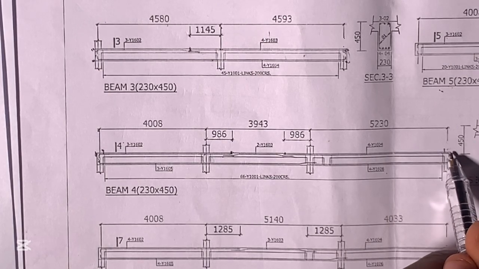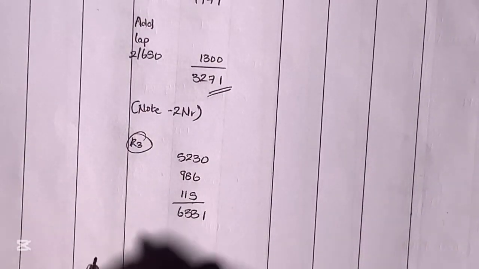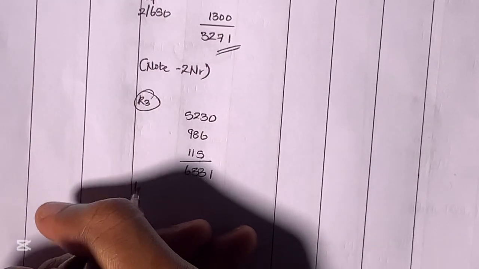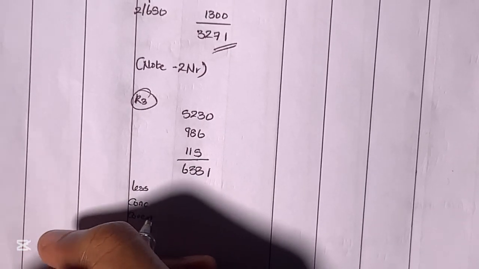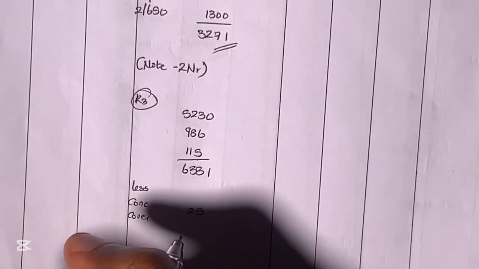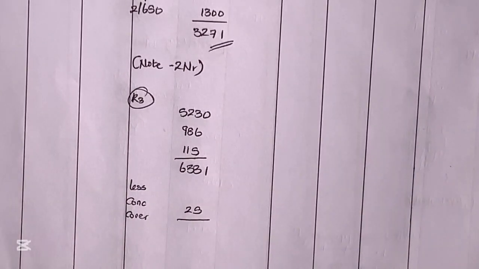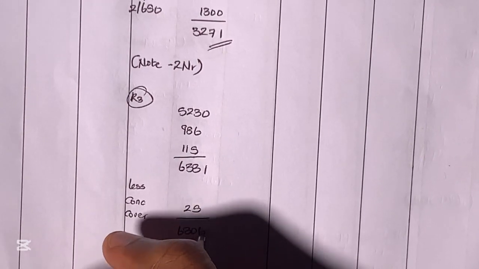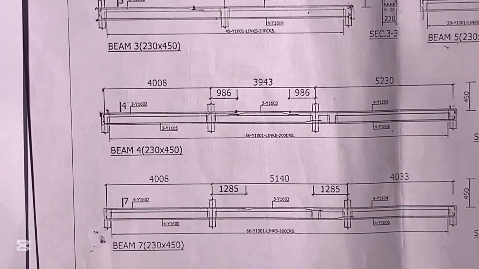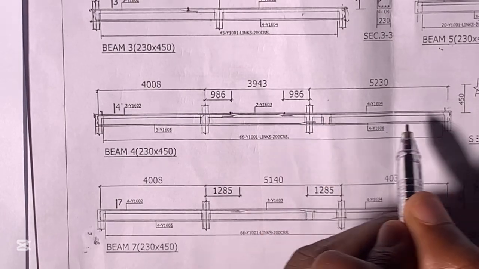So we'll now less concrete cover to get us the length of the straight bar. So minus 25, we're going to have 6306. So 6306 is the length of this straight bar from this point here down to this end.